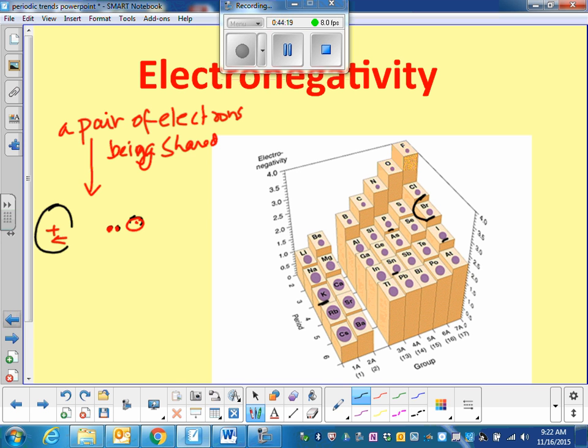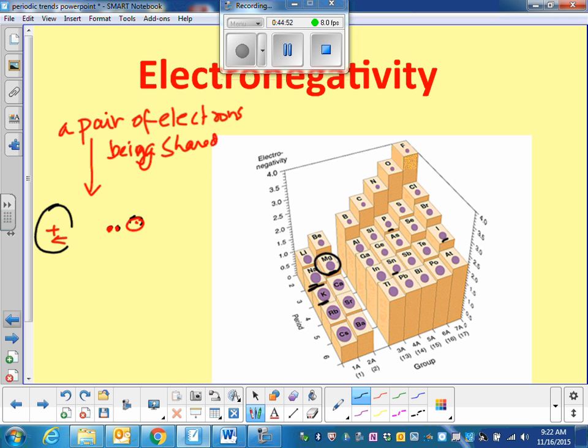Bromine, because bromine is smaller in size. Sodium or magnesium, which will pull more? Magnesium will pull more because it is smaller in size. Do you see the height refers to the electronegativity in this chart? The taller it is, the more electronegative it is. This is a 3D chart.